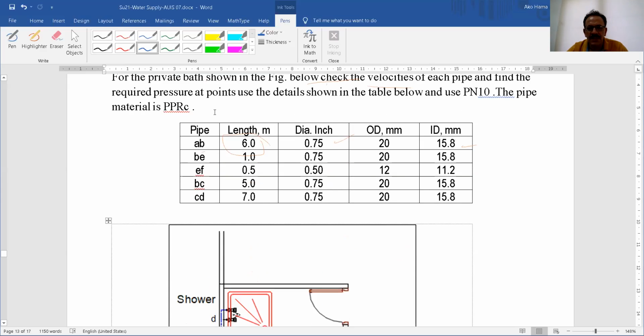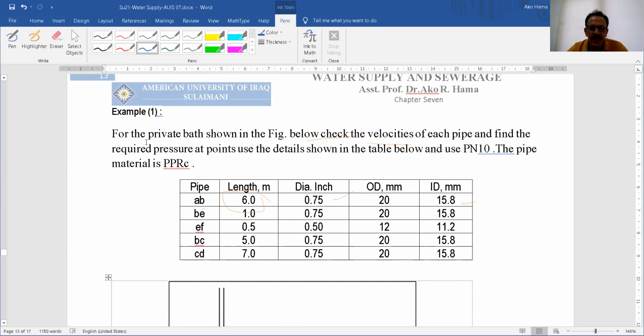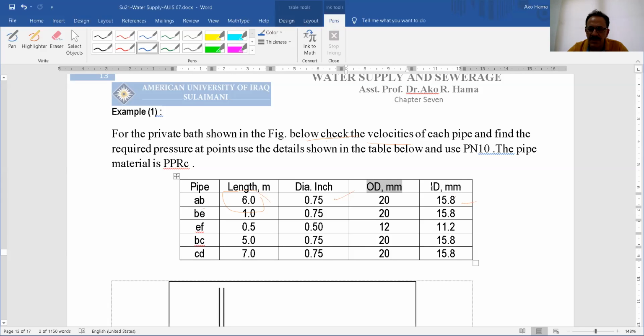Now, what is required? This is all a private bath, in your house. The diameters are given to you, and the length is in inch: 3/4 inch, 1/2 inch. This is the outer diameter, and this is the inside diameter.